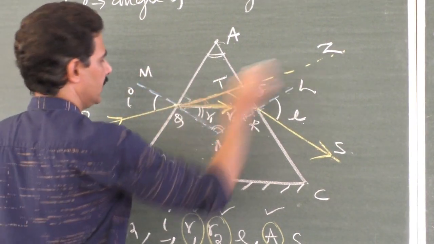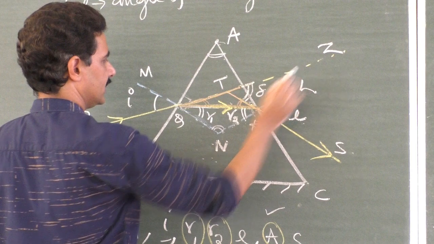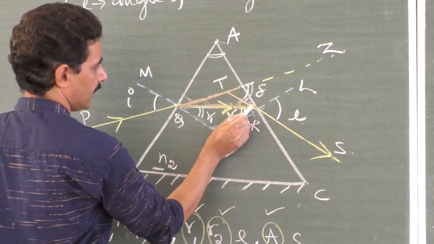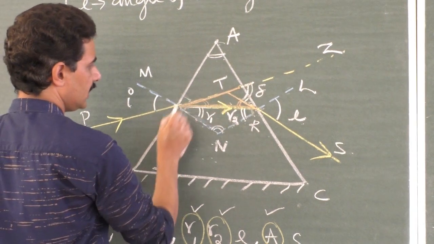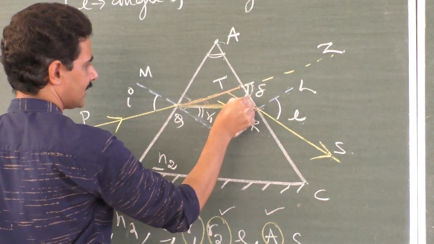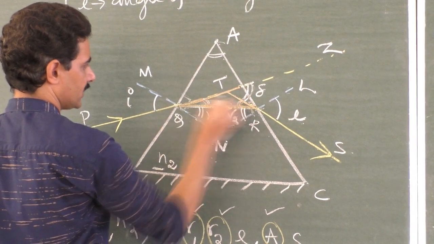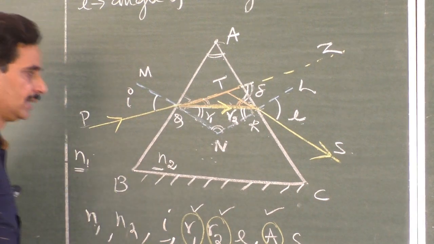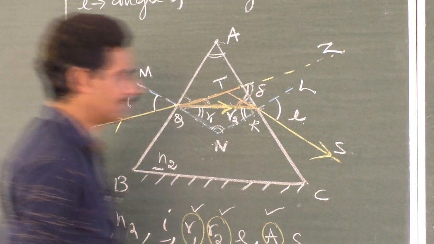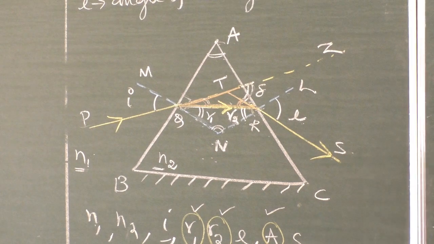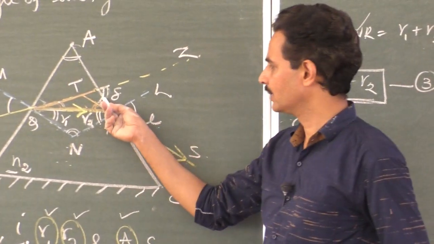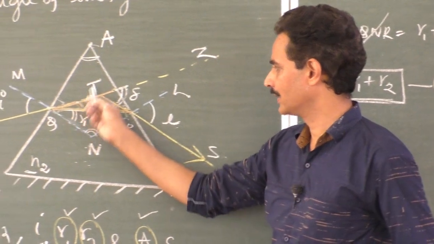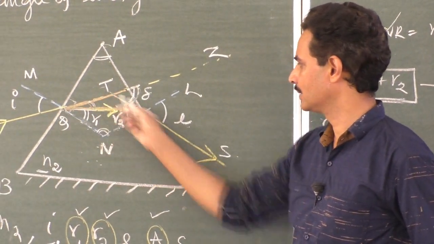Let it be a dotted line only because this is not the ray. It won't continue like this. And this is also not the ray because we have made it to come backwards. So, in the triangle TQR, delta is the exterior angle. It should be the sum of the two interior opposite angles. So, delta is equal to the sum of the two interior opposite angles. What is that? TQR plus TRQ.